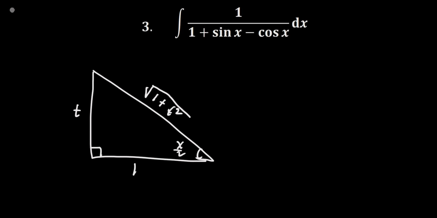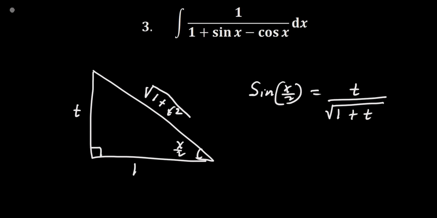Now, using the trigonometric function sine, x over 2 would be equal to the opposite, which is t, over the hypotenuse, which is root 1 plus t squared.